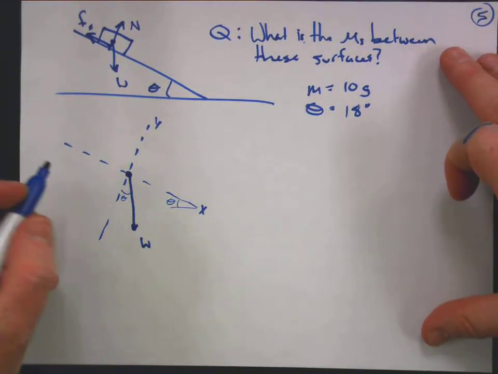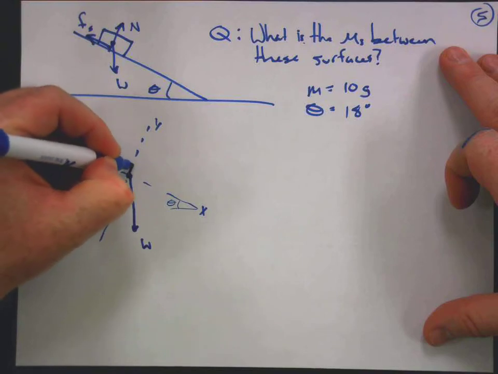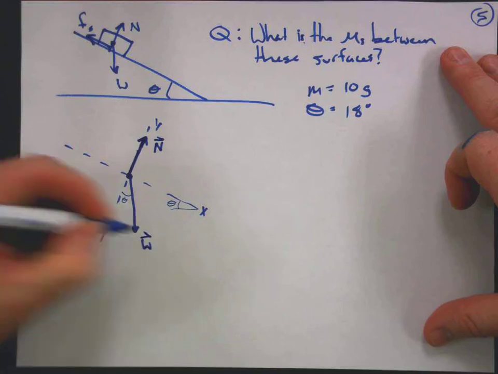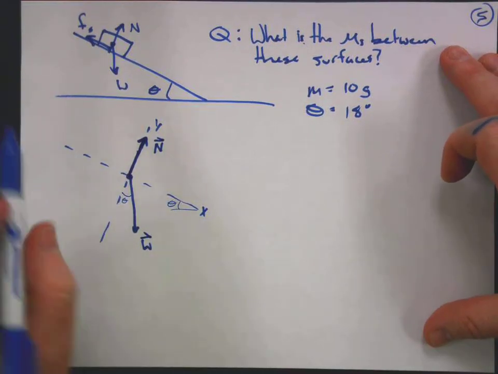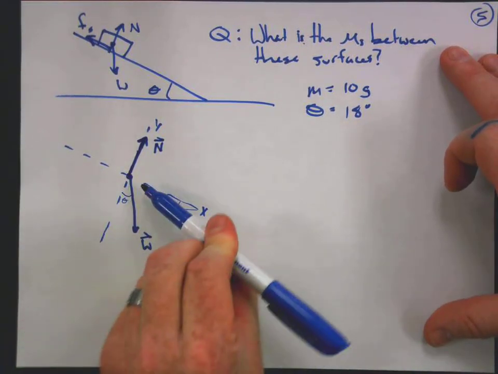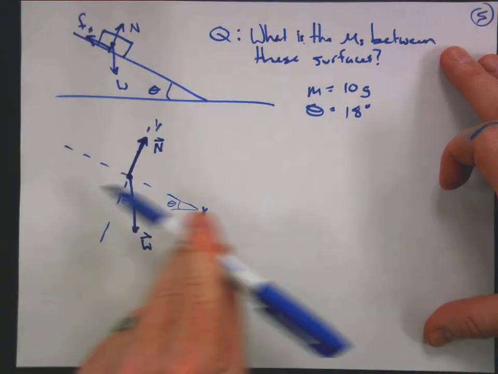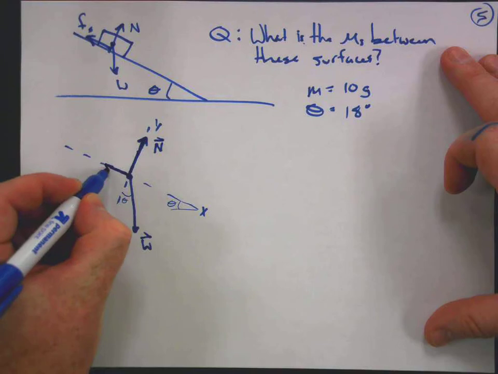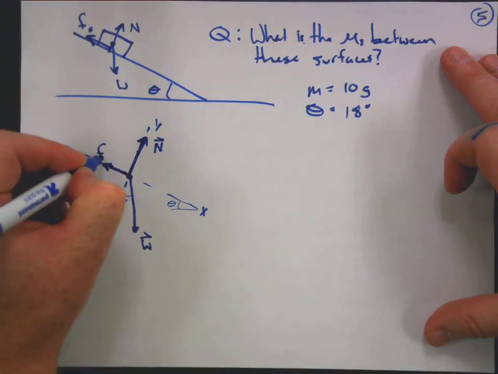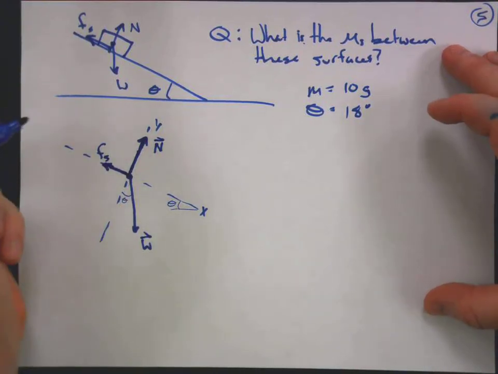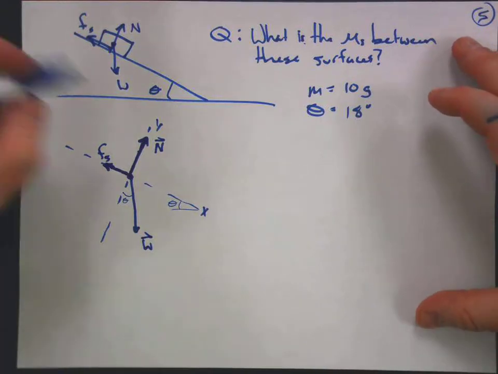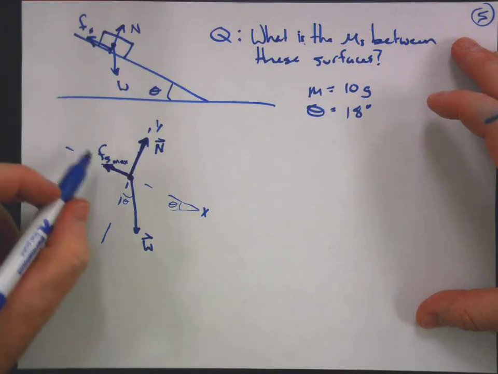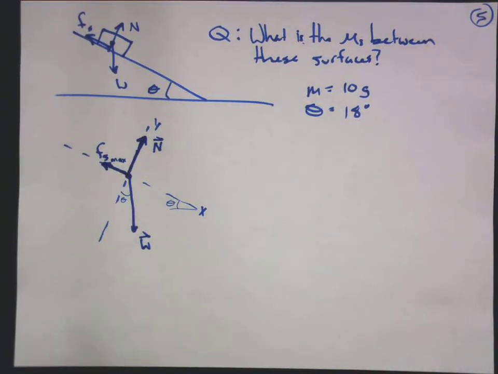What other forces are happening here? I have a normal force in the positive y direction. Keep my symbols consistent here. And I have a static friction force acting to oppose the motion, so it's acting up the ramp, to oppose the tendency to move, I should say, right? Static friction. And in this case, since it is just about to slide, I know that this is max. This is the maximum static friction force.